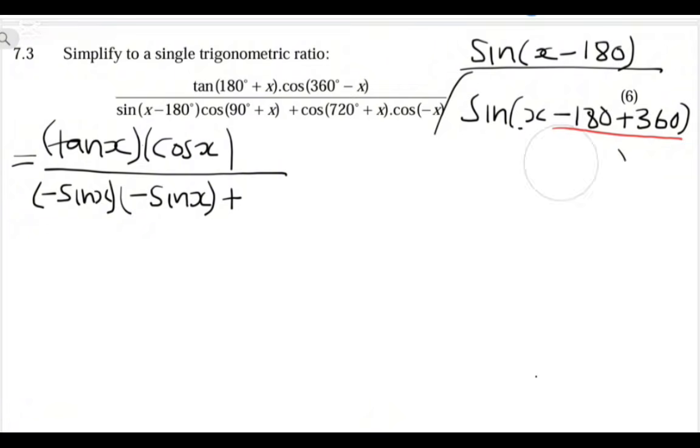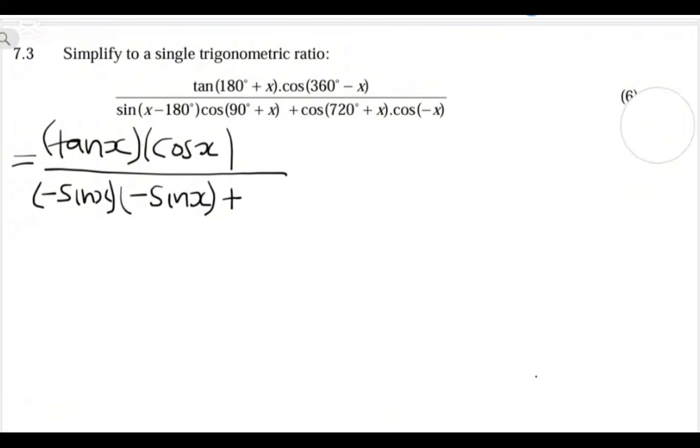cos of 720 plus x. How can we find this? If you pay attention, we don't have this in our diagram, but how can we solve it without having it in our diagram? This one also, we can simply subtract 360. There are a lot of ways to do this.